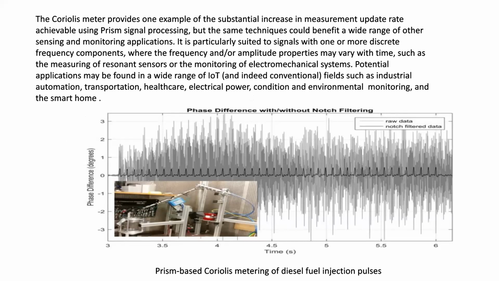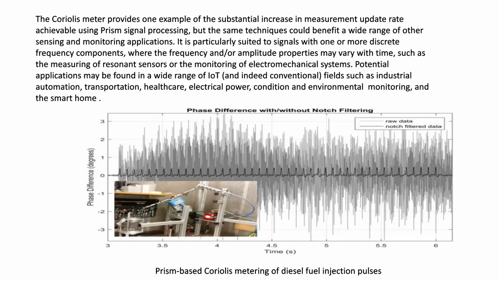It is particularly suited to signals with one or more discrete frequency components, where the frequency and/or amplitude properties may vary with time, such as the measuring of resonance sensors or the monitoring of electromechanical systems.